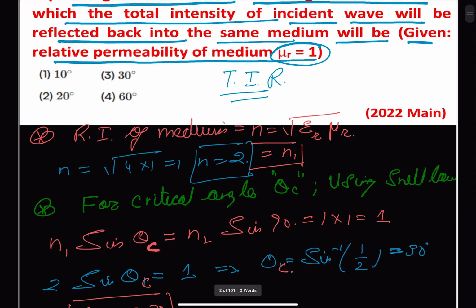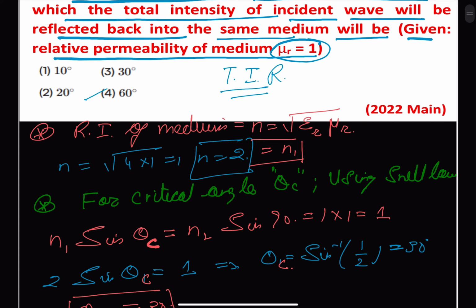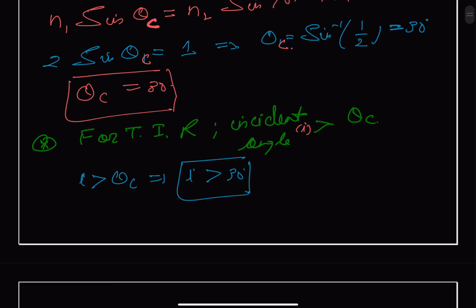So it means it is strictly greater than 30 degrees. So option number 4, that is 60 degrees, will be the correct option. Option 4 is correct.